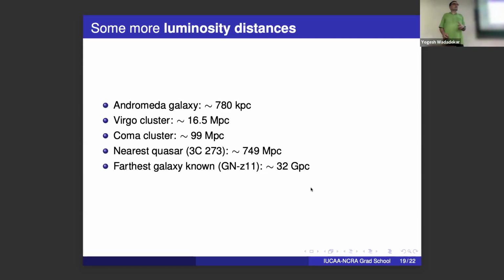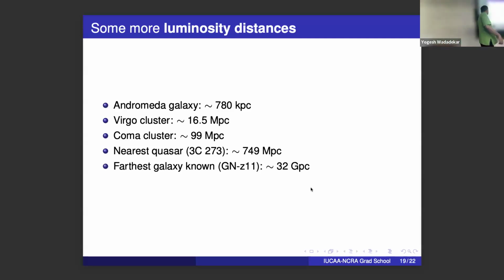The Coma cluster, so these are clusters of galaxies, we will cover those. Virgo is the nearest reasonably large cluster. The nearest really big cluster is the Coma cluster with more than 1,000 galaxies, and that is about 100 megaparsec. So even that is not unimaginably large.